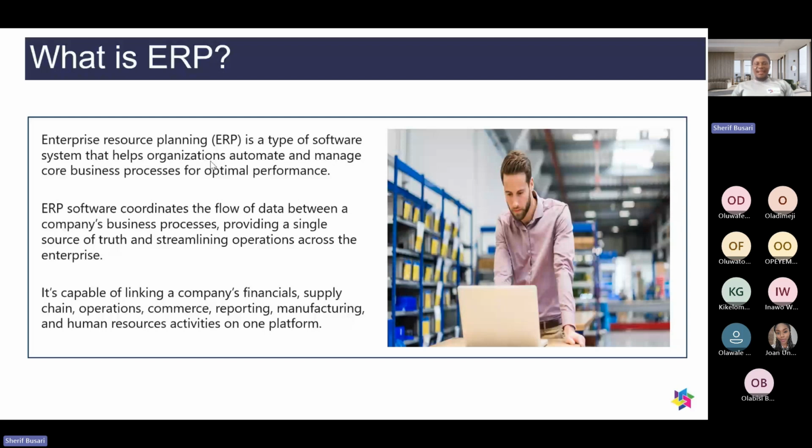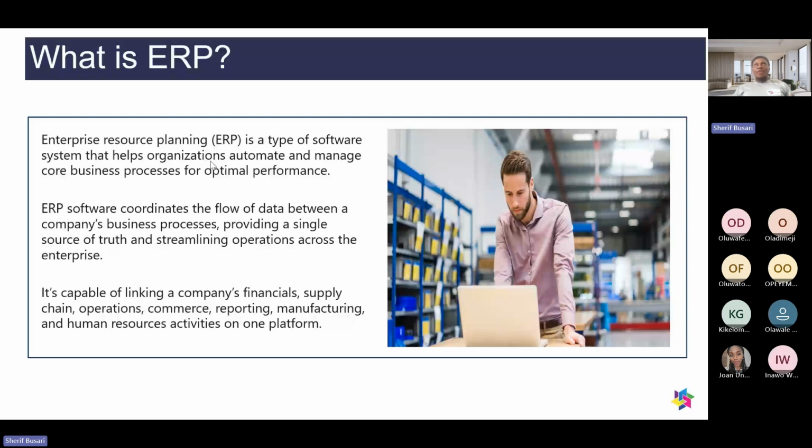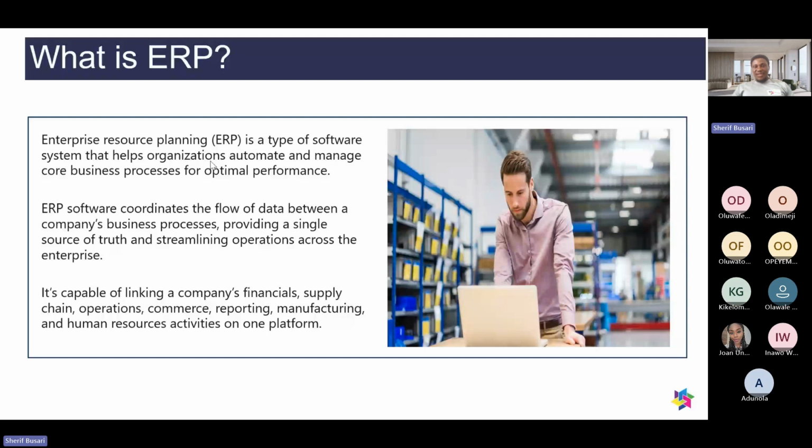It coordinates everything that you can have as processes or activities in your organization, say maybe your supply chain, your human resource activities, and also your financial data and things like that. ERP helps you to streamline, manage and automate all of these processes in a single application. And I mentioned that we have two applications under this category of ERP: Business Central and Finance and Operations.